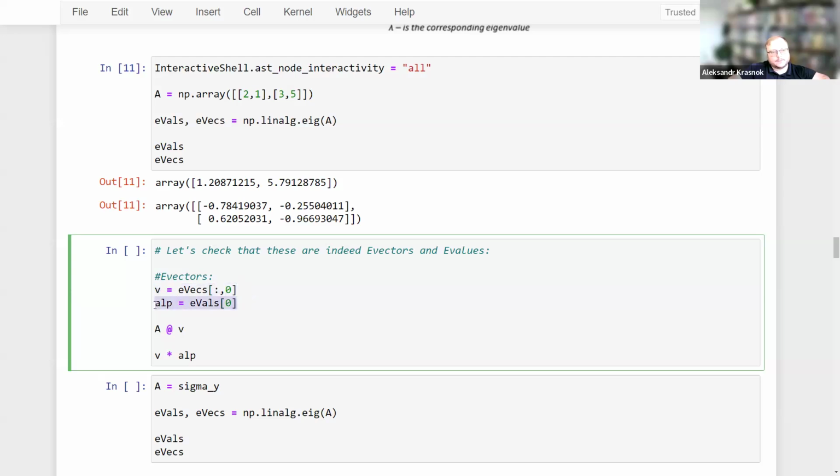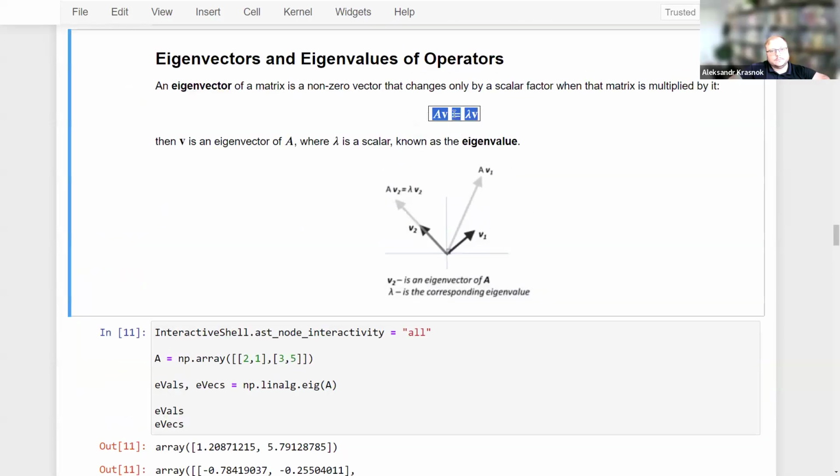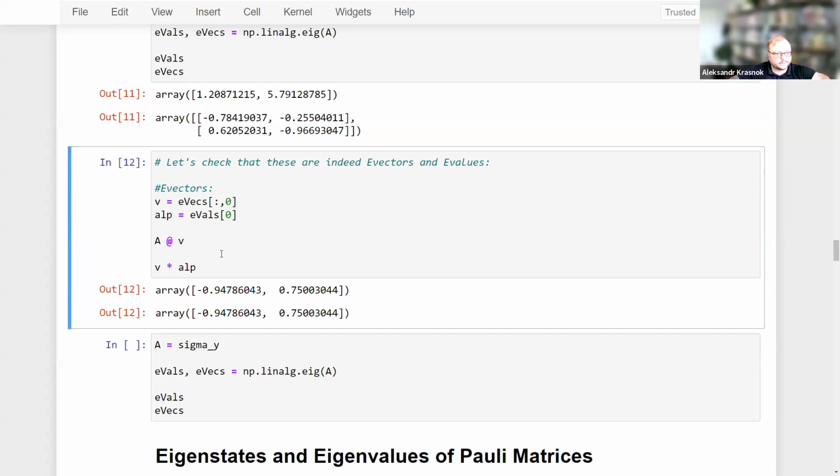I check this: I take the product of the matrix by the vector, and then the product of the eigenvector and eigenvalue, to check they are the same. So they are indeed the same.